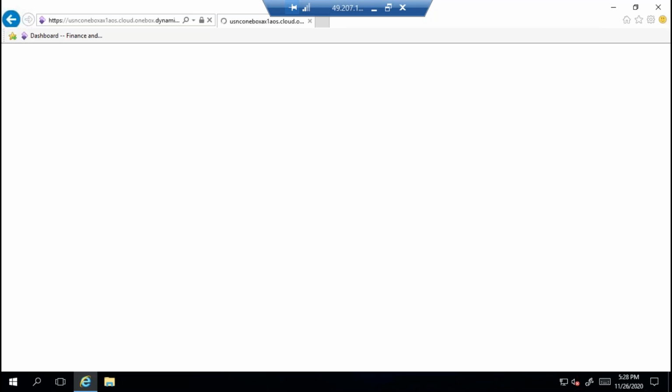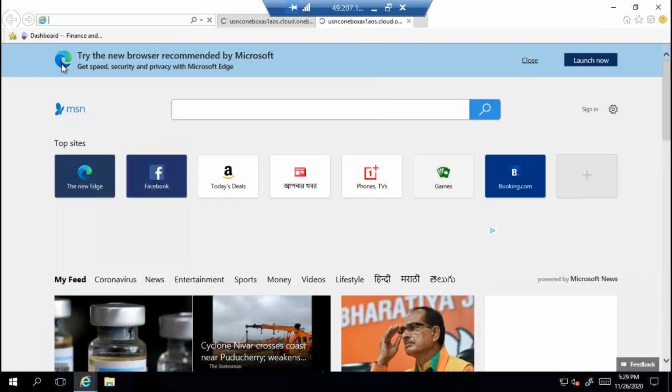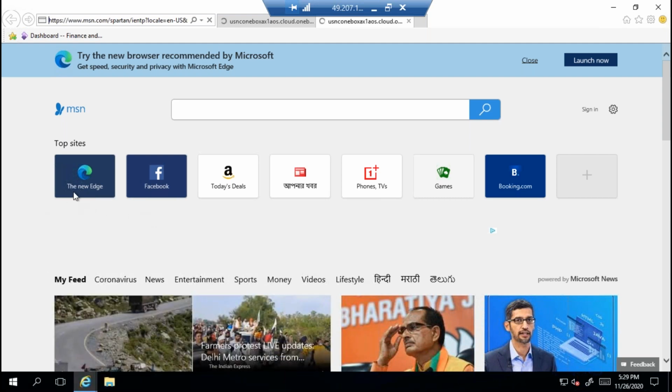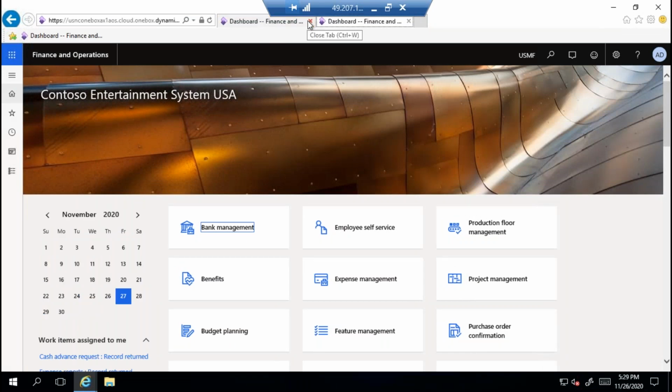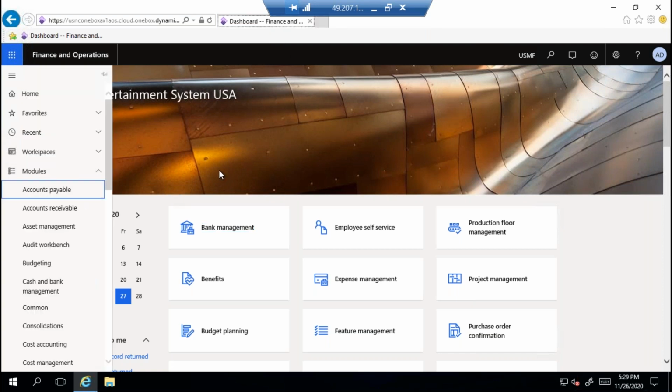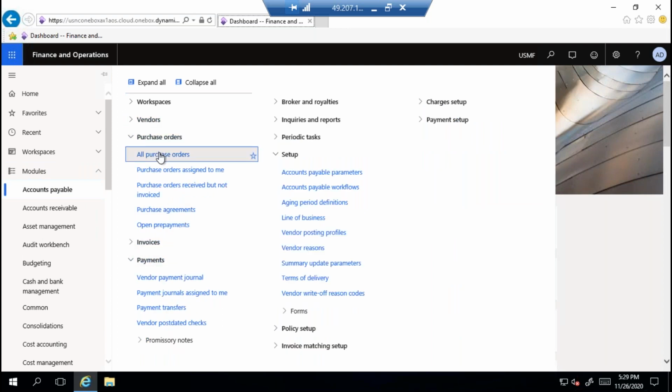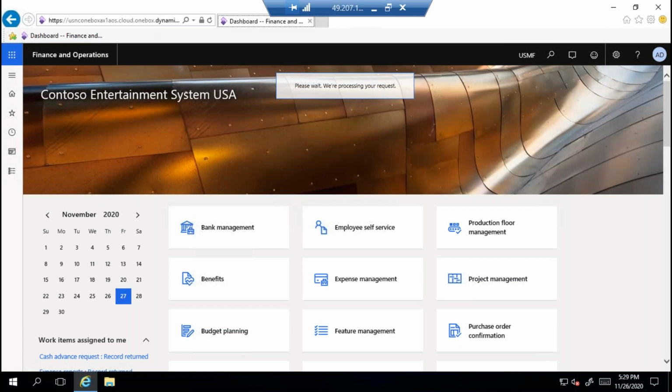I will create one purchase order. We can create a purchase order from the accounts payable module as well as the procurement and sourcing module; both are the same.